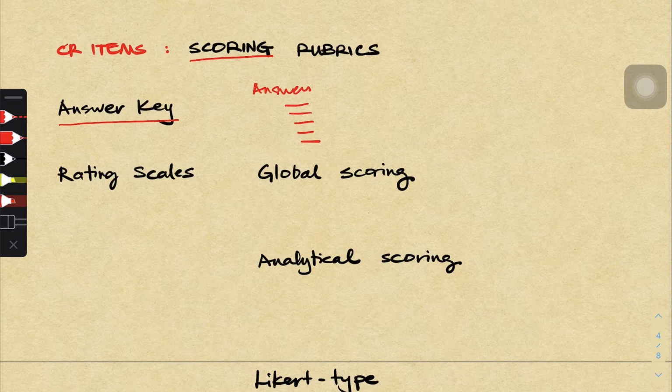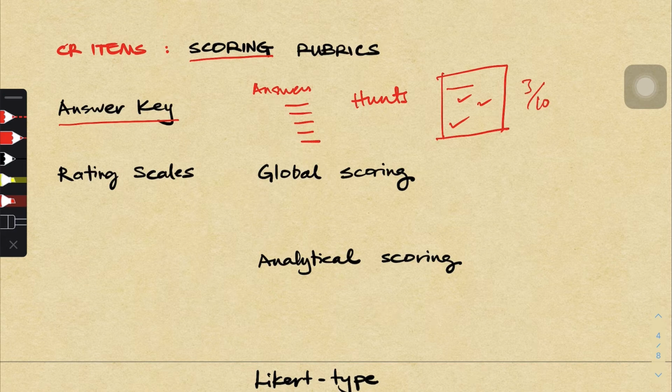And what happens is that the lecturer now hunts for these answers in the candidate's answer script. There's one there, there's one there, okay, there's one there. So okay, he got three marks, and then maybe he will say 3 out of 10. So this is the answer key.